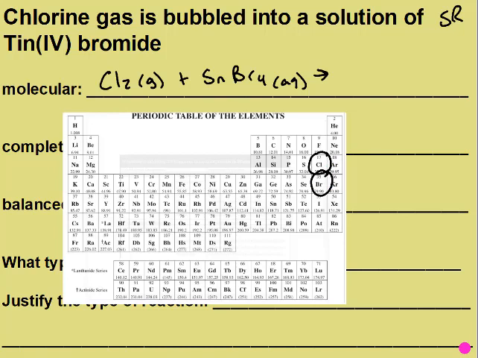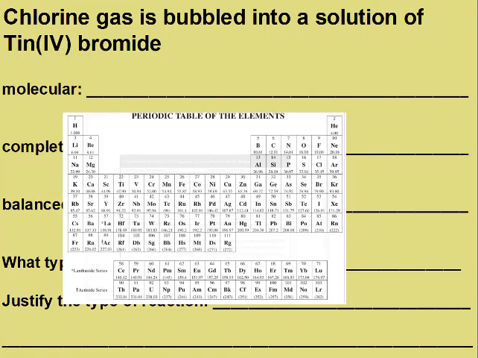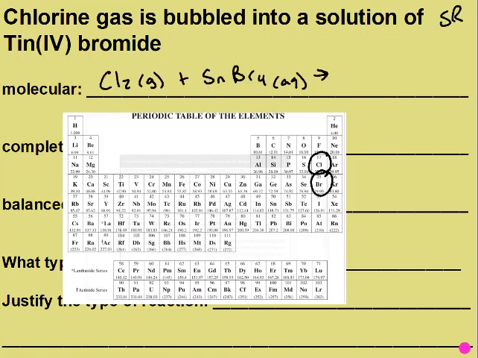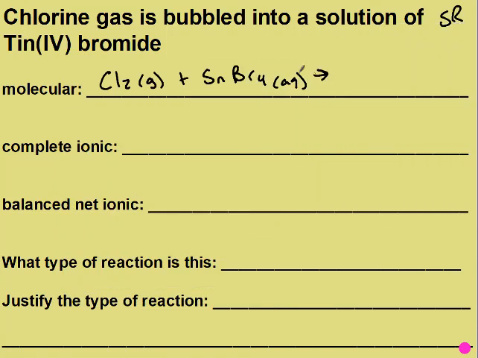Chlorine is above bromine, so it can occur. Chlorine and bromine are diatomic, so they couldn't be by themselves. When they're paired with tin, tin's a +4 charge, so there should be 4 of them.